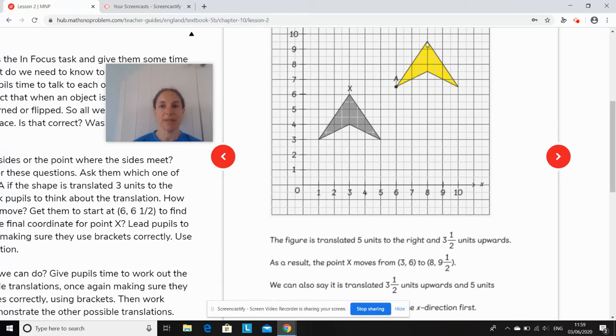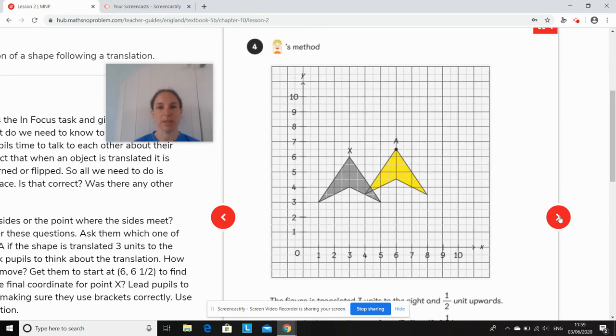So it's now sitting at, if we go across, 8 across and all the way up here, 9.5 up. So it would now be at (8, 9.5). That's where it now is. It used to be at (3, 6). Now it's at (8, 9.5).